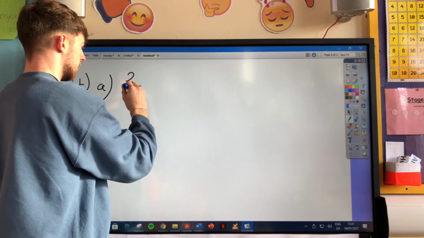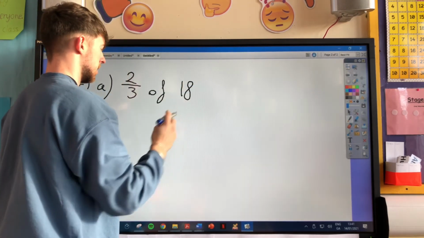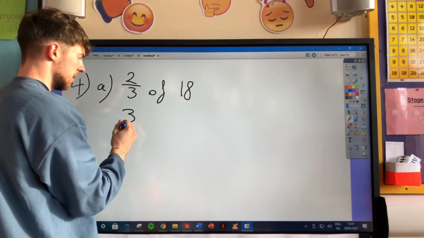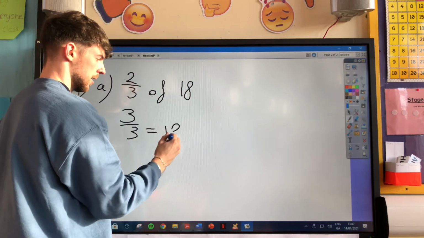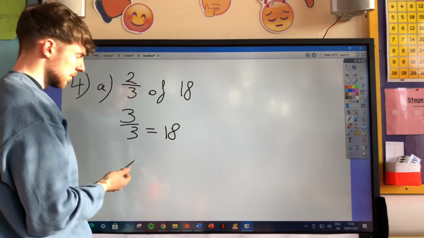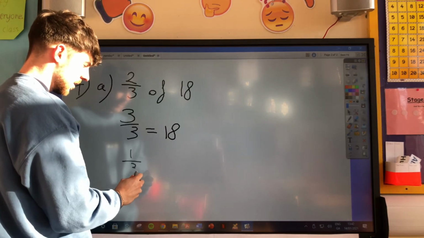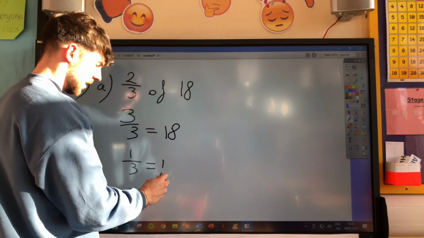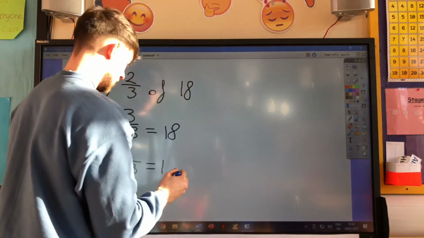Our first question is 2/3 of 18. So 2/3 of 18. Then we say 3/3 equals 18. What's the next thing we have to do? 1/3 is equal to 6.